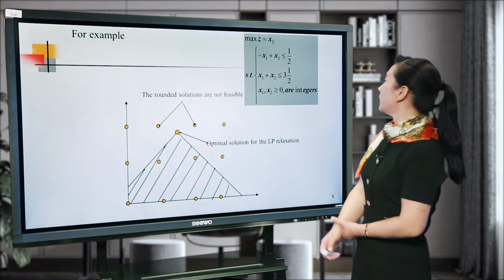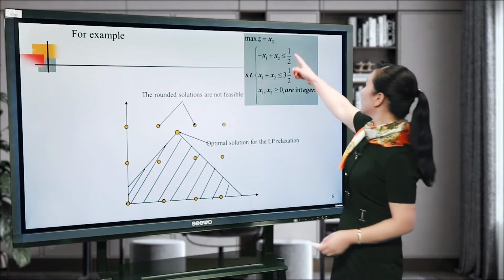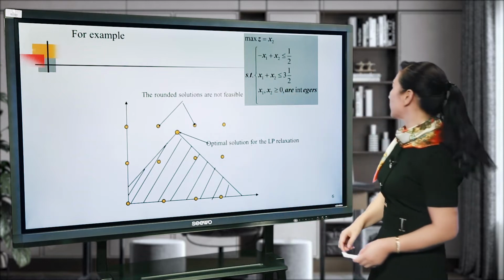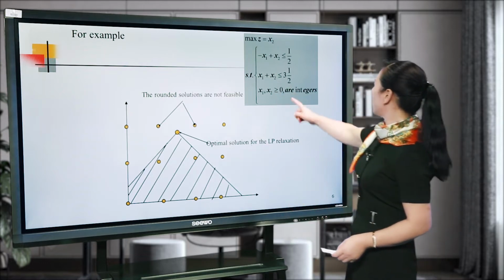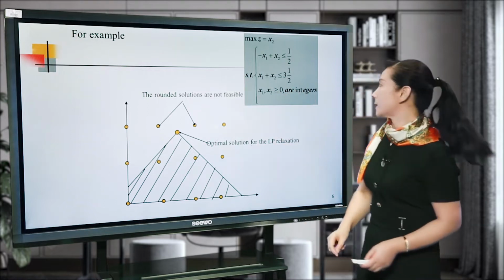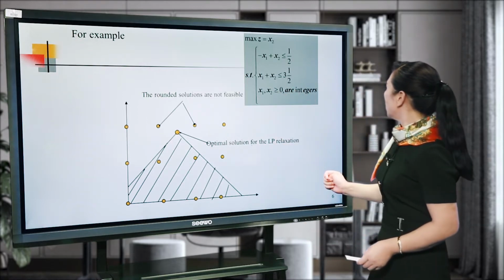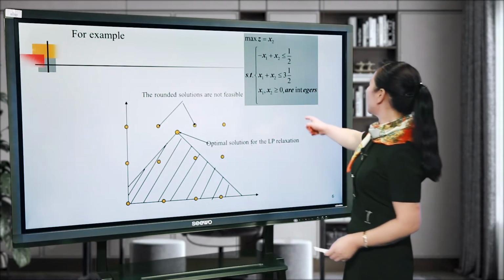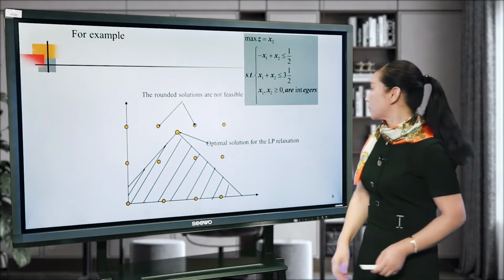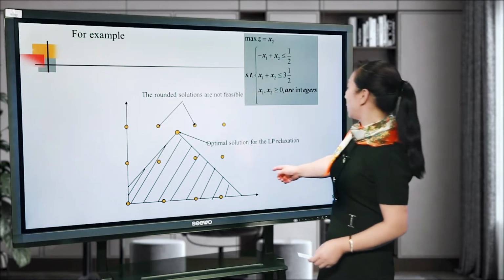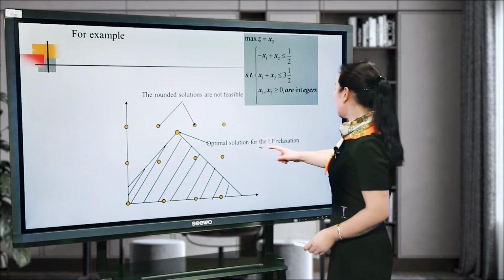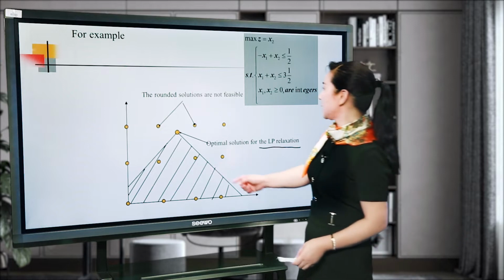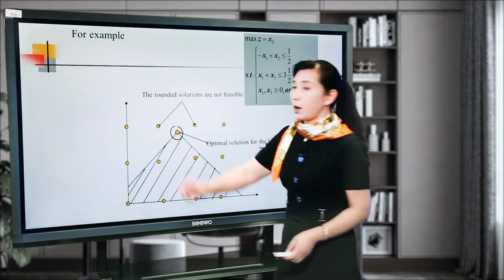We see this example. This example is maximize Z equal to x2, subject to these constraints. And we note that x1, x2 are integer numbers. In this program, we do not think about the integer restriction, so we treat it as an LP, the LP relaxation. We solve it by the simplex method, and we get this optimal solution.